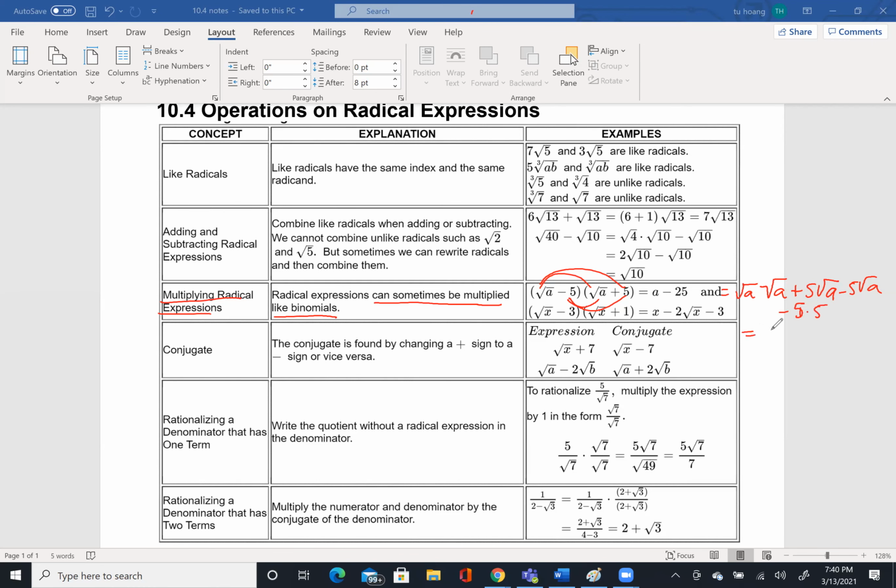So that gives you square root of a squared minus 5 squared, because these two cancel, and that gives you only a minus 25, right? So that's the reason why you have 25 over here.